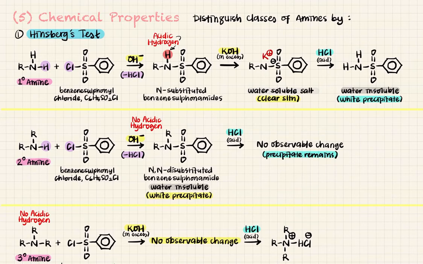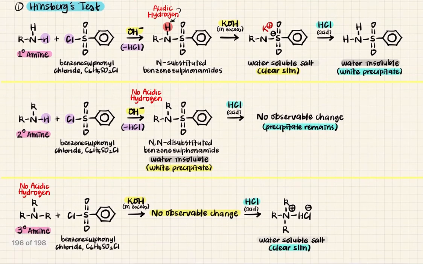So in the first step of this test, you will get this observation for secondary amine, white precipitate immediately. Then when you treat with HCl, you will get no observable changes. So nothing happens. Okay, so this is the observation for secondary amine when you do Hinsberg's test.